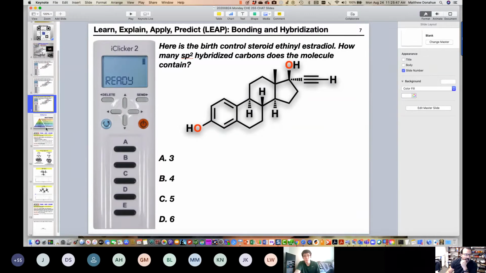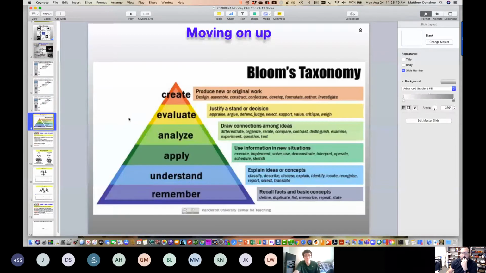So I'm going to transition into this slide here called Moving On Up. Just a brief yes or no in the chat: how many of you have heard of Bloom's taxonomy?